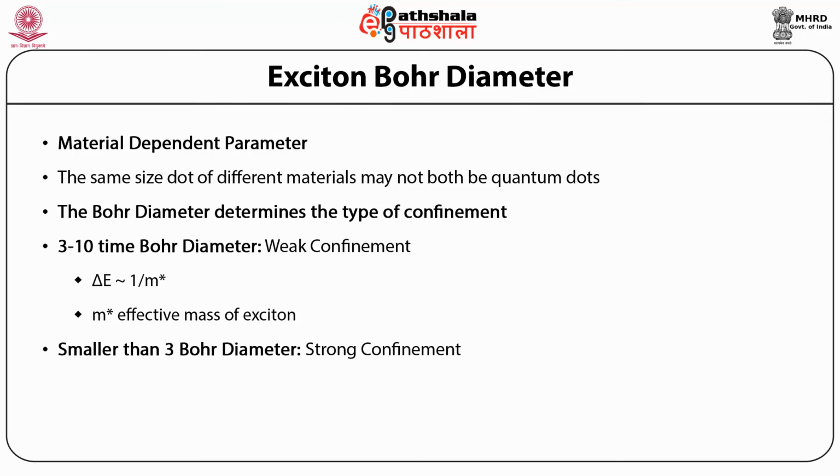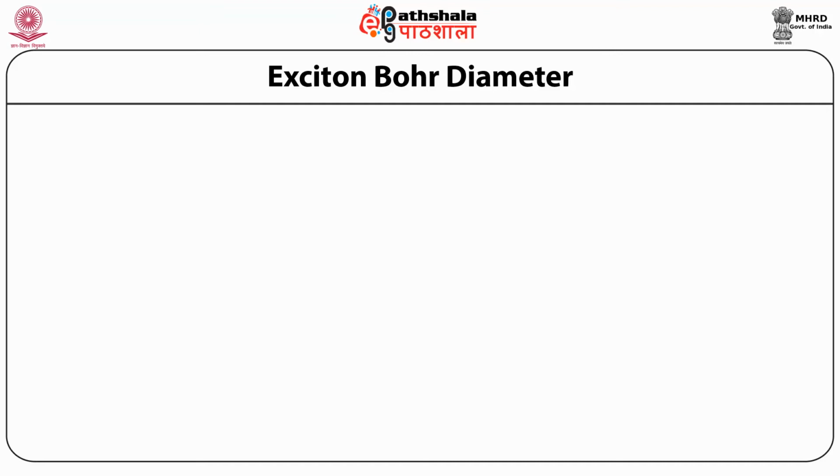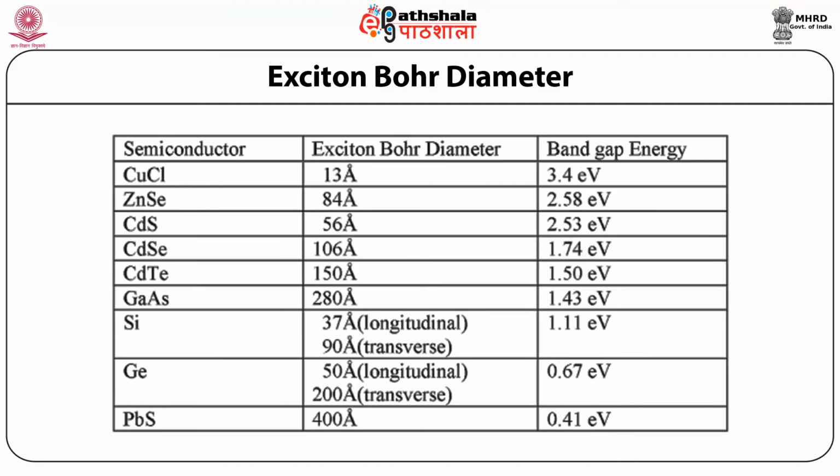Smaller than 3 Bohr diameters, we have the strong confinement, where delta E is approximately 1 by mu star, where mu star is the effective mass of hole and electron. This table describes the various exciton Bohr diameters for various semiconductors, and correspondingly we have the band gap energy.